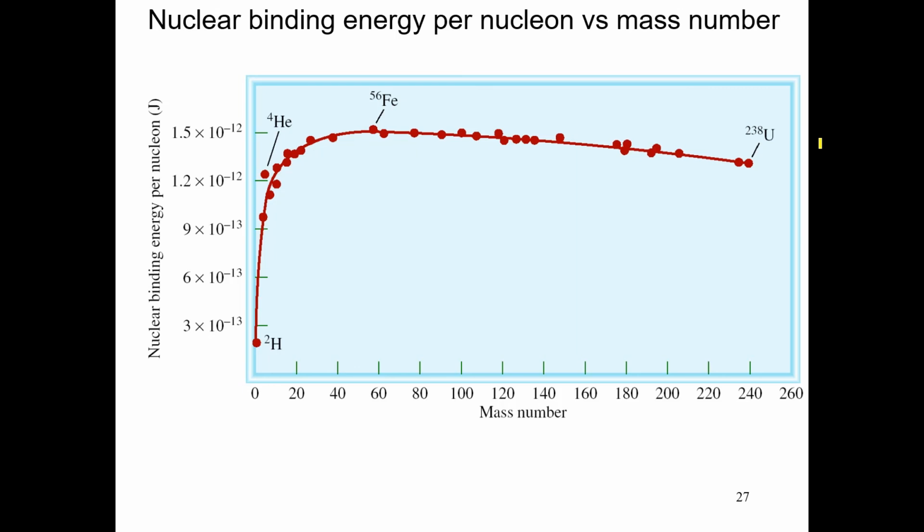So notice that elements with mass numbers between 40 to about 100 are the ones that are most stable, with iron 56 being the most stable of them all.